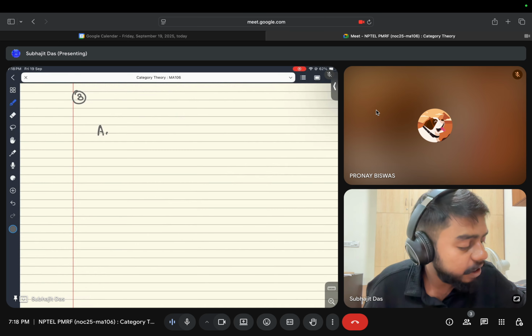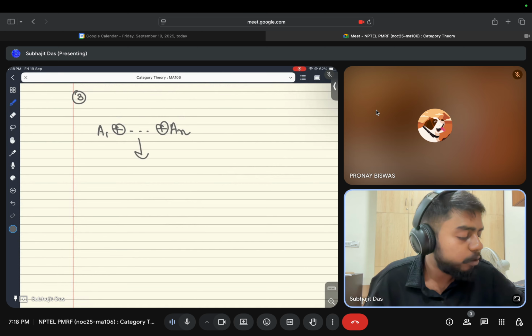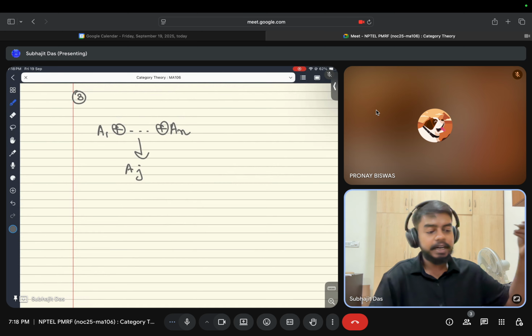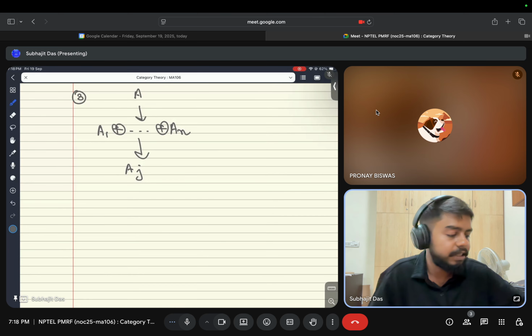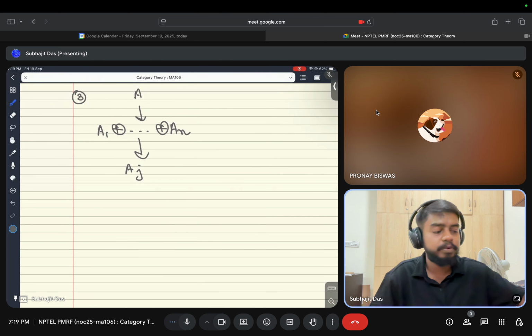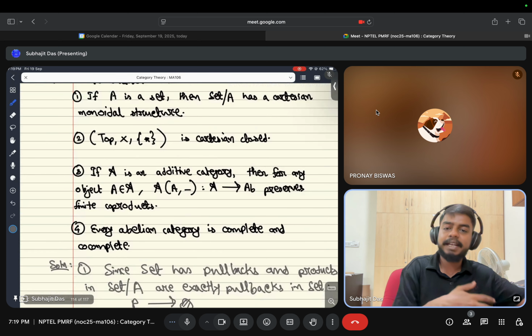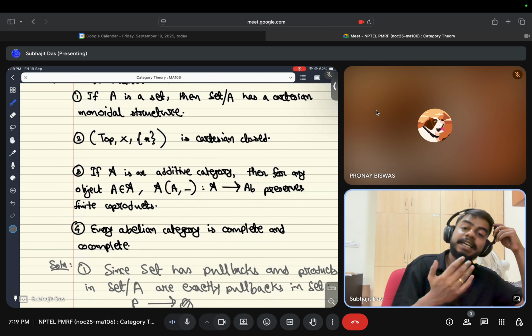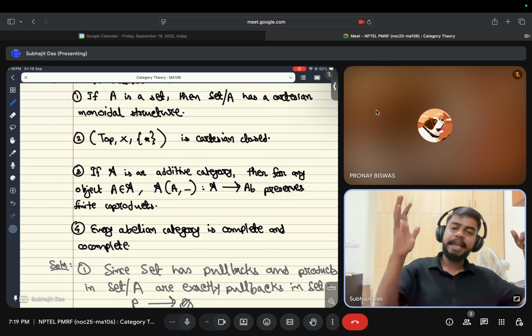So A1 direct sum up to AN, you have a projection map to each AJ, right? So if you take a map from A to this, you can compose it with the projection to AJ, and what you have is a map from A to AJ, which essentially says that maps from A to the finite coproduct are exactly given by a tuple of maps from A to each direct summand.